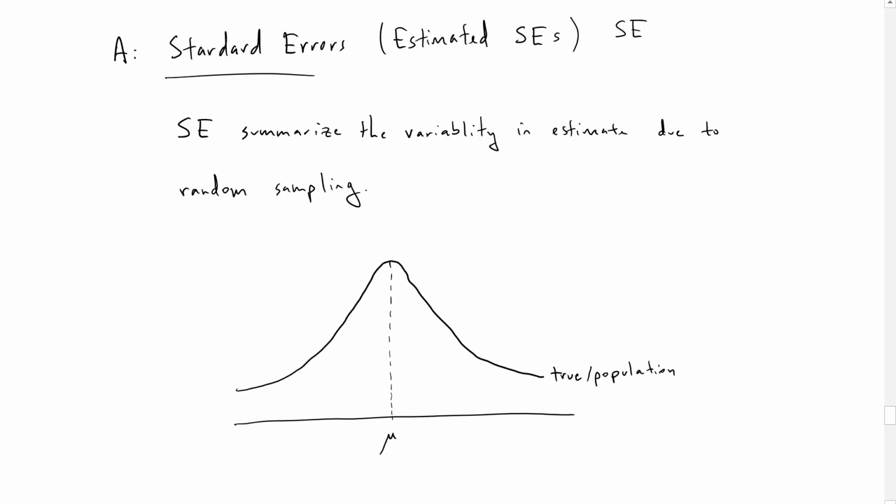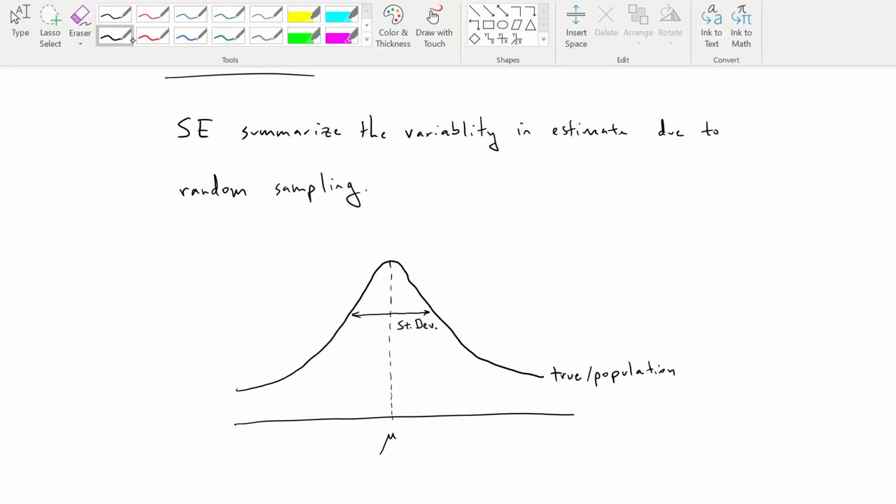The mean there is going to be mu. That's the population mean. And the variance, which is the variation in the data from the mean, that's the standard deviation. Okay.